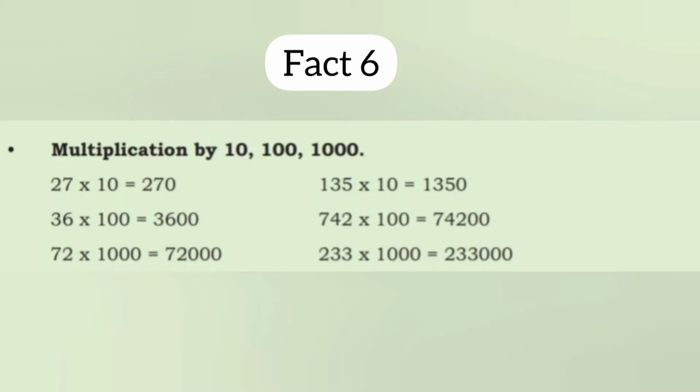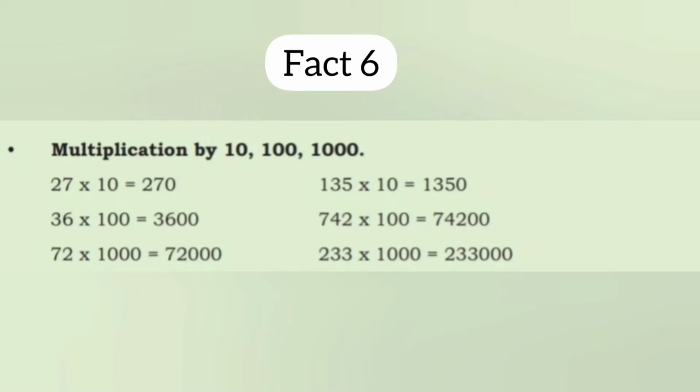Now can you guess what happens when you multiply a number with 100? That's right. The product remains as it is with just two zeros being added towards the ones place and tens place. For example, 36 into 100 becomes 3600 and 742 into 100 becomes 74200.